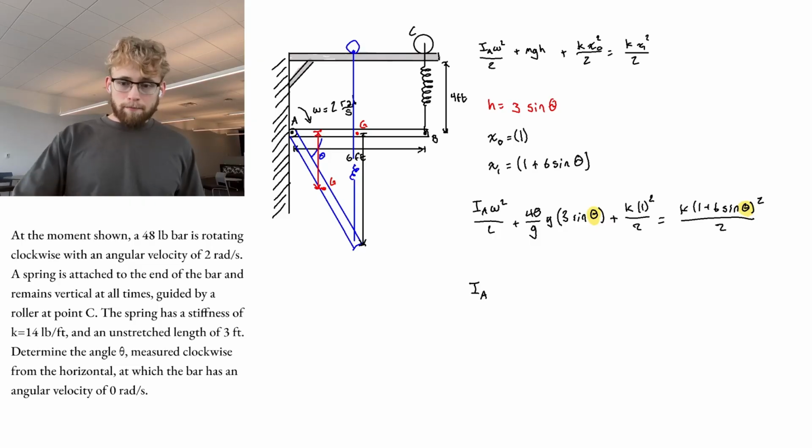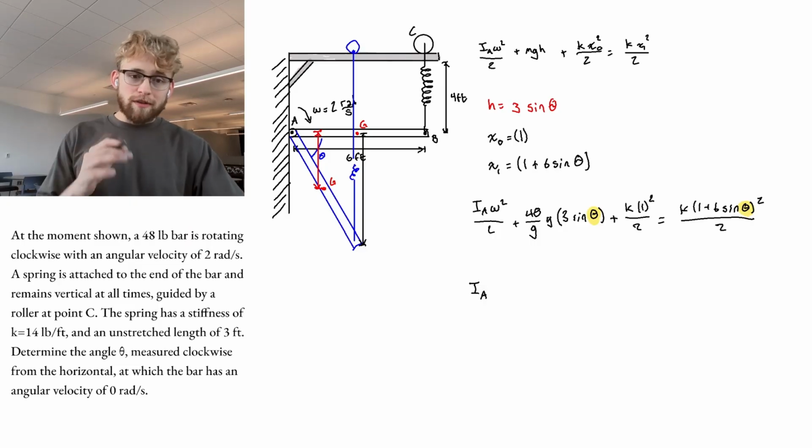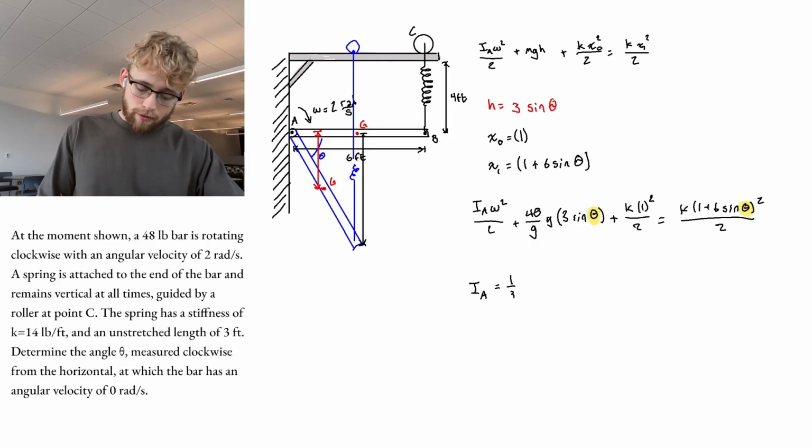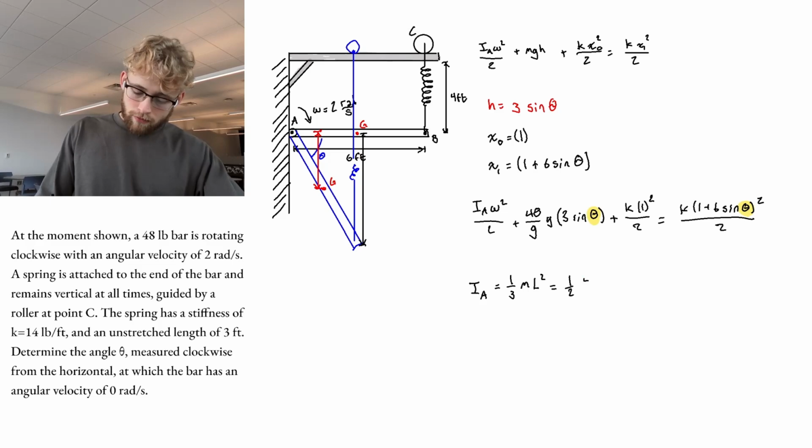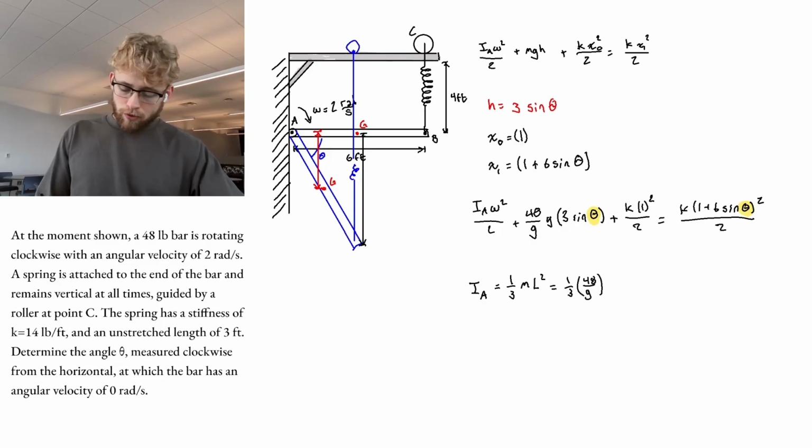How are we going to find that? Well, the mass moment of inertia of a bar about one of its ends is equal to 1/3 the mass times the length squared, which in our case is 1/3 times 48 over g multiplied by 6 squared.